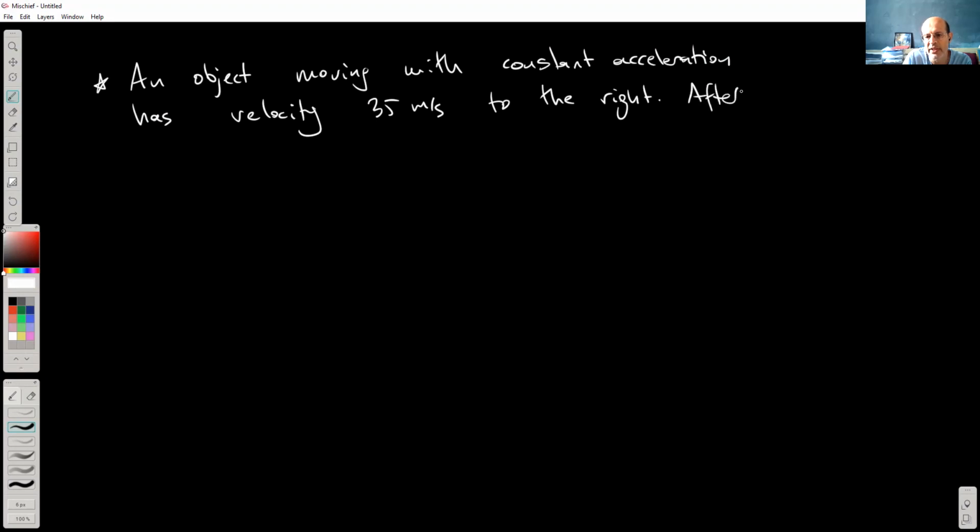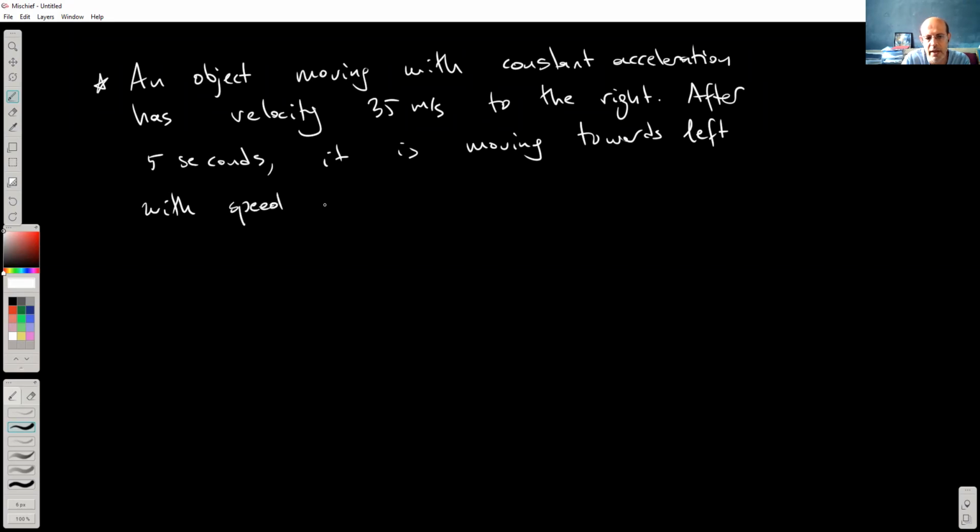Let's say after 5 seconds, it is moving towards left with speed 25 meters per second.